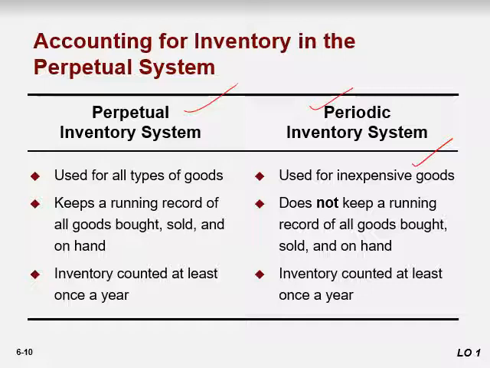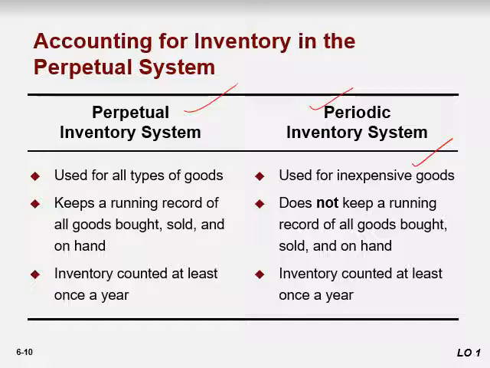While the perpetual inventory system uses computer software, and it can be used for all types of goods. So the perpetual inventory system achieves control over goods, such as, say you are selling furniture, automobiles, jewelry, apparel, and most other types of inventory.